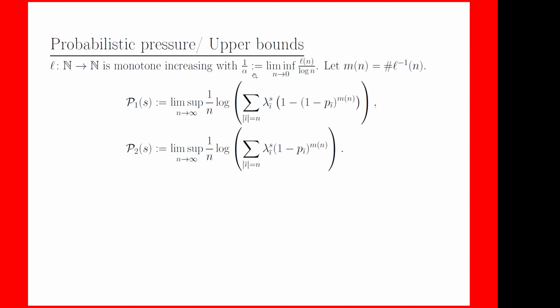Let's consider two more natural pressures. So we have this rate, the length of the cylinders, and let us define M of n as follows. M of n is the number of positions for which you get n length cylinders.